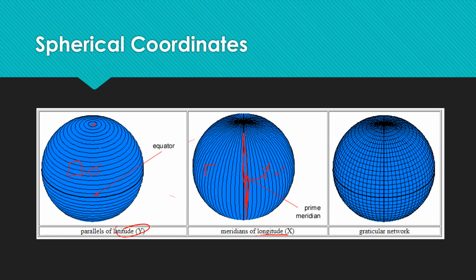The North Pole is 90, and the equator is 0 degrees. And we're approximately 108 degrees longitude away from the UK, which is 0 degrees longitude. This is called a graticule network, and it just refers to latitude and longitude.